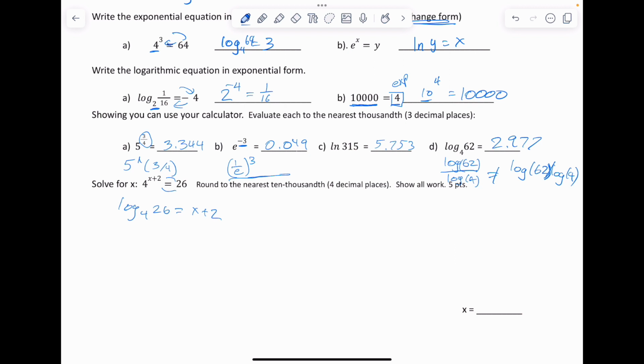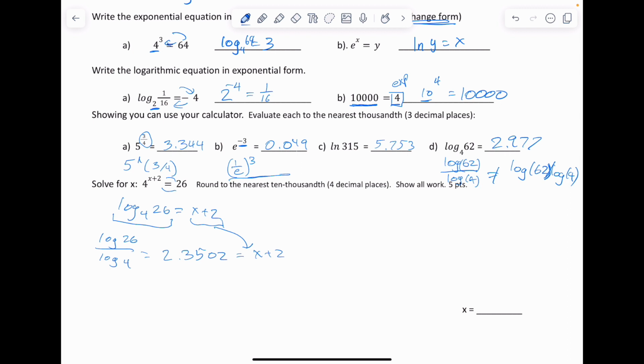We can do this calculation, which is log 26 over log 4. That becomes 2.3502, which brings this side down, x plus 2.